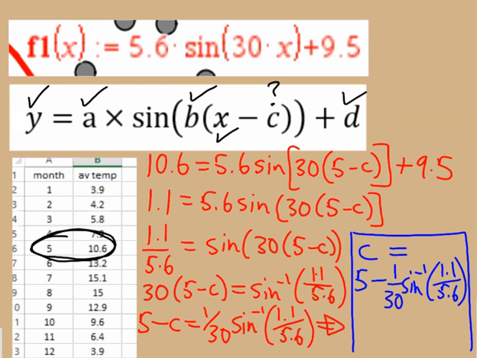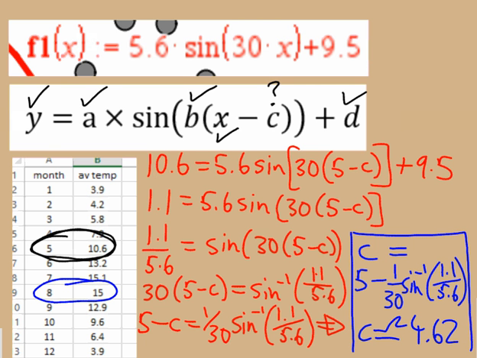Now if you work that out to three significant figures, you'll get C is approximately 4.62. So remember we said it would be roughly 5? Well, now we've worked it out. Now this is the procedure to find C. We could have used any point here and we would have got a slightly different value of C. That's mathematical modelling. It's not exact science.